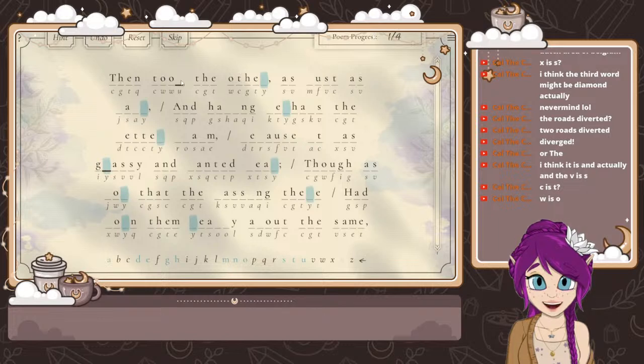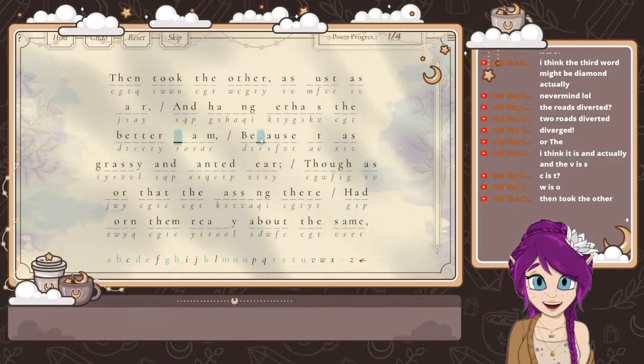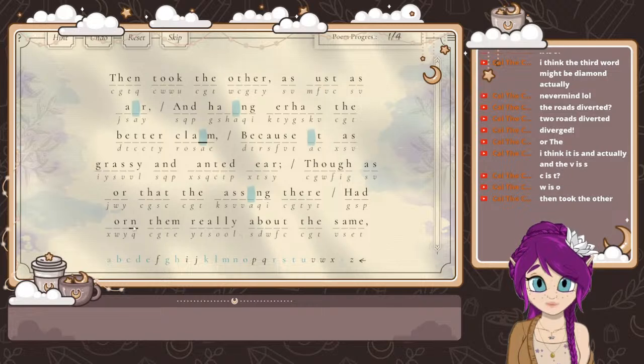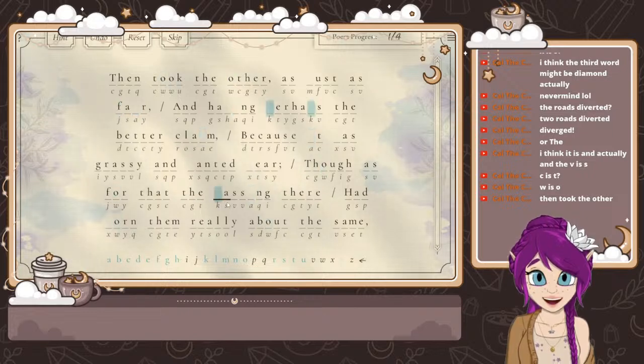Then took the other. Took the other. Then took the other as better. Because. This is because. Really. That's had really about the same. Had something them both about the same. Though as for the.